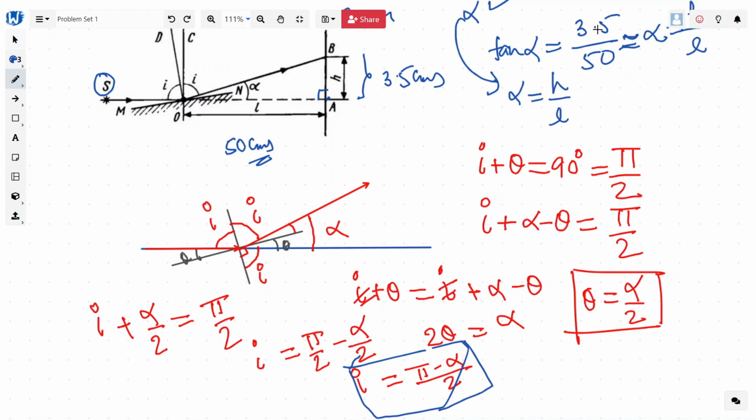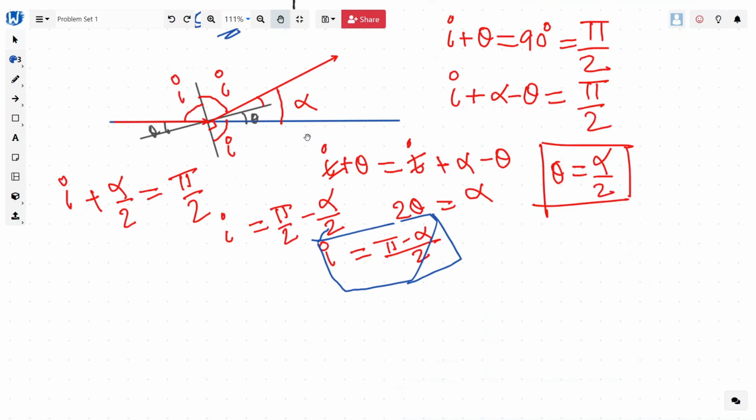So alpha is 3.5 divided by 50, basically h by L, so we can simply write, for small angles, I is going to be pi minus h by L, which is alpha.